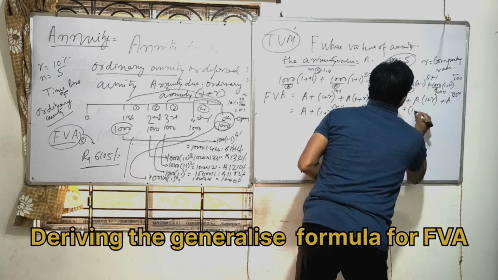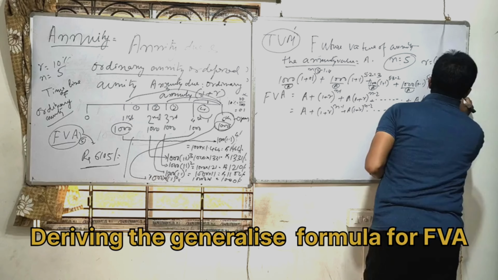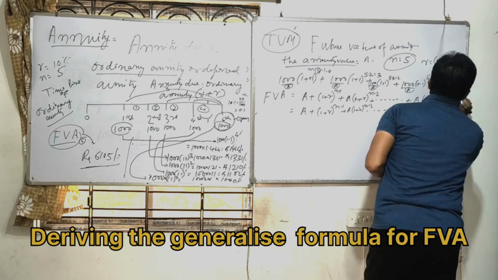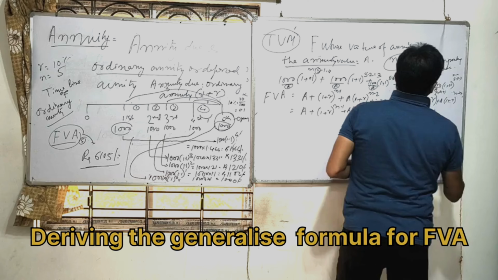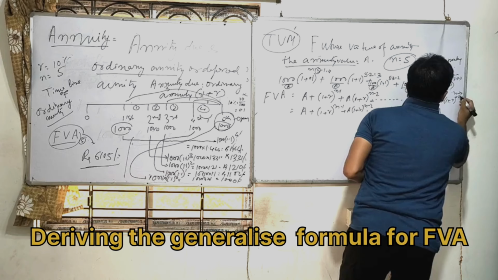plus a into 1 plus r to the power 1. Actually this is not like this, you see, I am showing you. a into 1 plus r to the power n minus n, so a into r to the power n minus n is equal to 0.